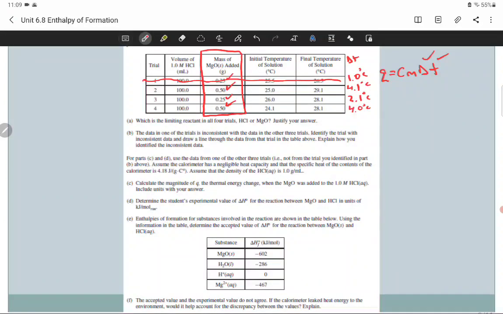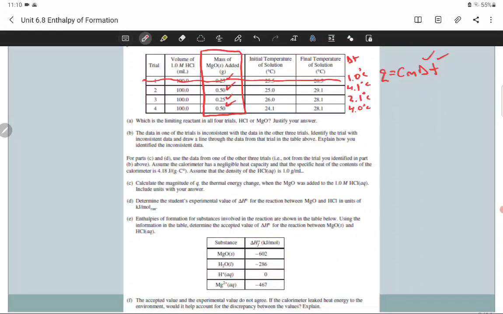For parts C and D, use the data from one of the other 3 trials. So we've already canceled out trial 1, so we're not going to use that. I think I'm just going to use trial 2 to do all the other work, but there's no reason why you couldn't use trial 3 or trial 4. Assume that the calorimeter has a negligible heat capacity, meaning that we're not going to worry about C-cal in this one, and that the specific heat of the contents in the calorimeter is 4.18.